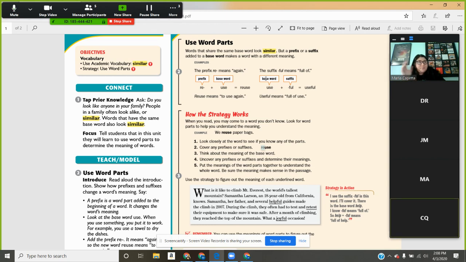So if I call you now, I'm calling you right now. But if I called you in the past, called, the ed on the end, that means we did it earlier in the day, earlier in the week, whatever. Right? So that's the other part of the grammar that we're going to study. Well, in Spanish, you guys don't add s's to the end of your words.